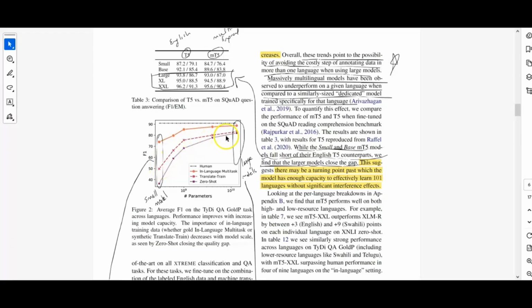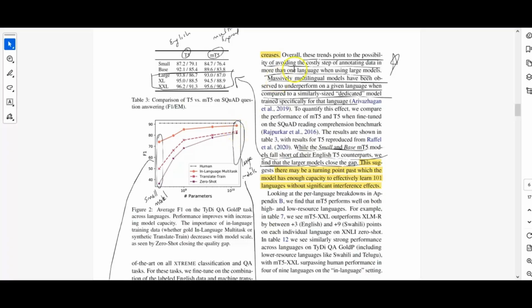However, as the size of the model increases, we can see that if you fine-tune with just the English-only dataset, which is the zero shot, you get similar performance as fine-tuning with the English plus the translated dataset, and the performance with the actual dataset from the other languages is still higher, but the difference is quite small.